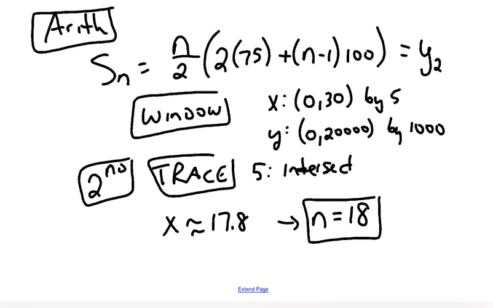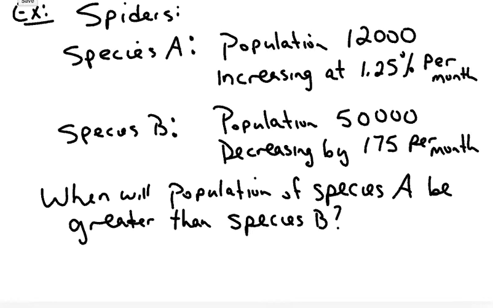Okay, last example. So we've got 2 species of spiders. Species A starts with a population of 12,000, increasing at 1.25% per month. This one is geometric.